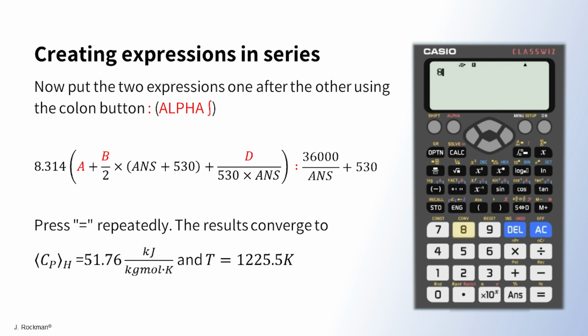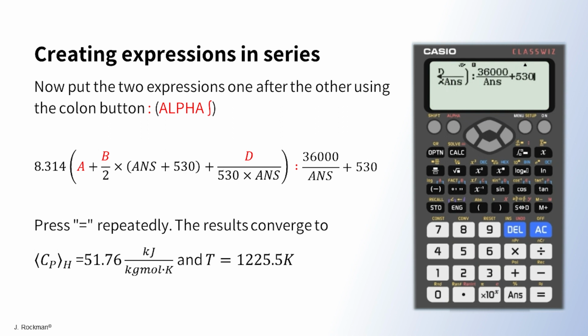So we have 8.314 times brackets A plus B over 2 times (answer plus 530) plus D divided by (530 times answer). Close the brackets. Following this, we enter the colon button, the alpha integral combo, and then type the second expression. This calculates an updated value for T. So now we type 36,000 divided by answer, plus 530.